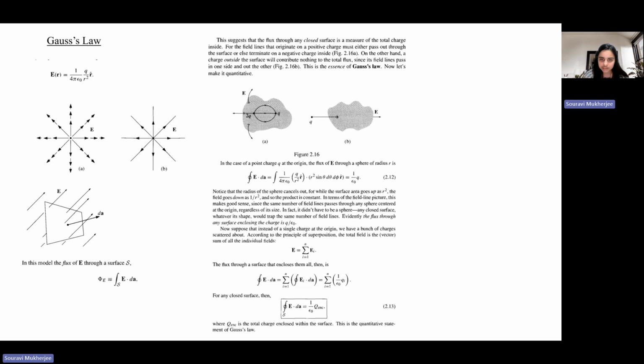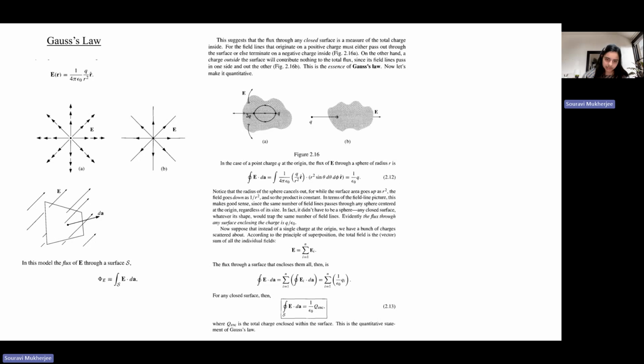When you have a field, you can associate field lines with it, which is a measure of how the fields are directed and what the intensity is. These arrows point at the field directions, and the density of the field lines tells us how intense the field is.